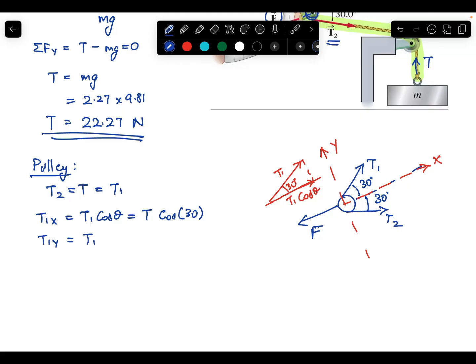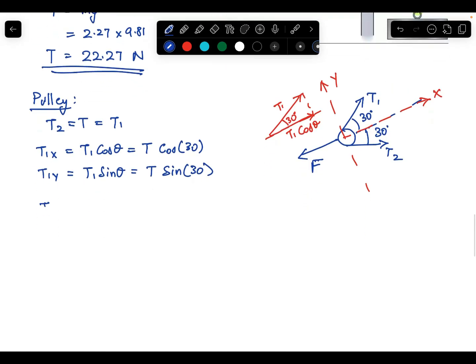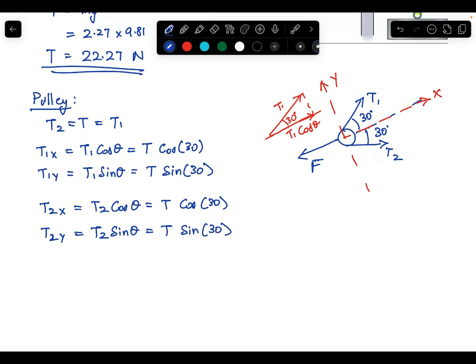So T1y is T1 sine theta, which is equal to T sine 30. Doing the same thing to T2, the x component of T2 is T2 cosine theta, which is T cosine 30, and then the y component of T2 is T2 sine theta, which is T sine 30. Right, so these are the components.